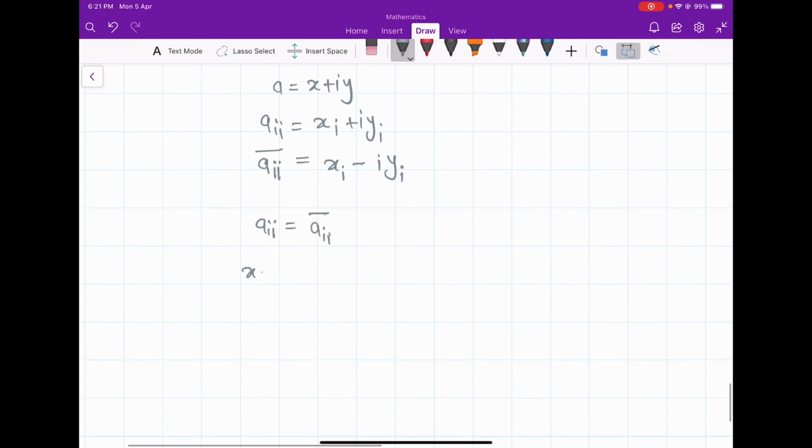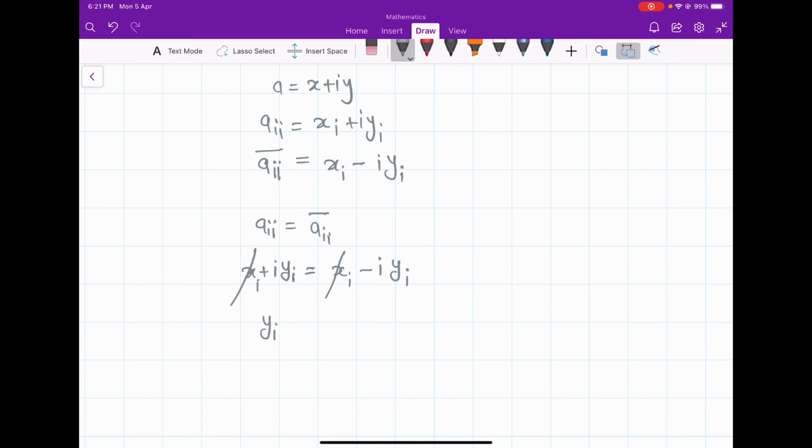So xi plus i yi is equal to xi minus i yi. You can cancel xi on both sides.